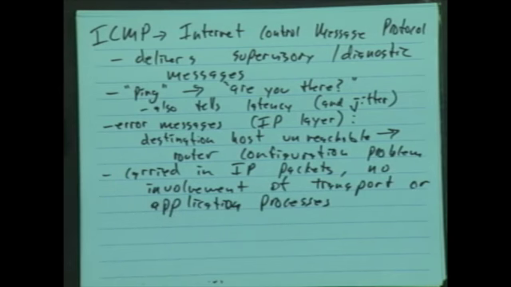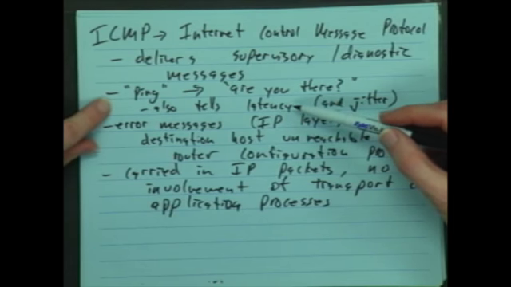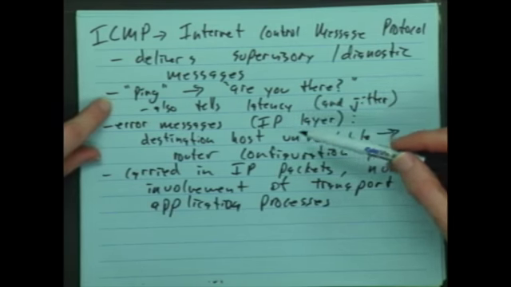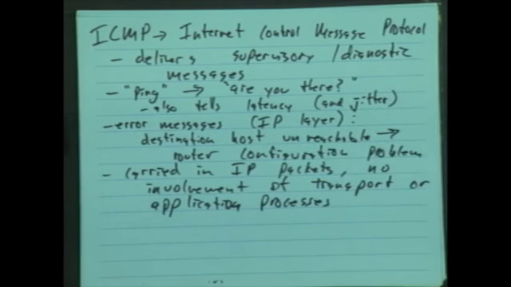Okay? So there's no involvement of a transport or an application process. Okay? It's just an IP packet. And so if I send out a ping, it is literally just an IP packet. There's no data in it, and I'll show you the data in a minute. It's just really a header, an IP header.